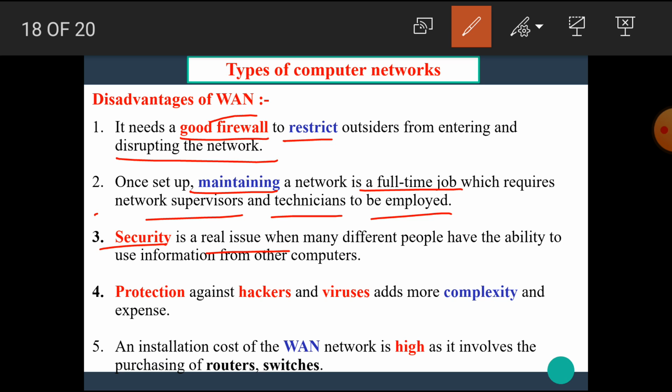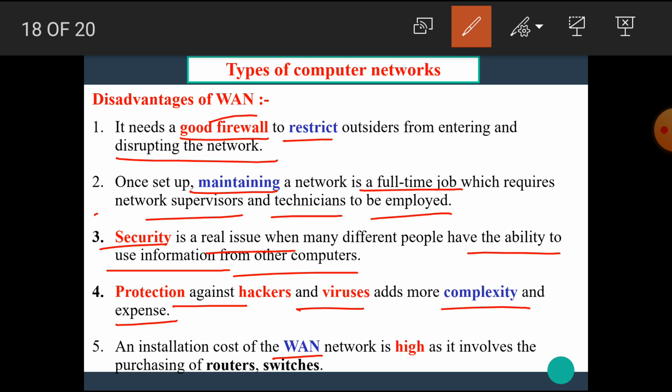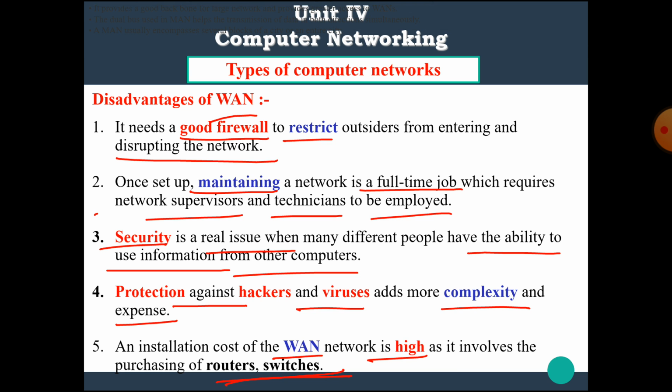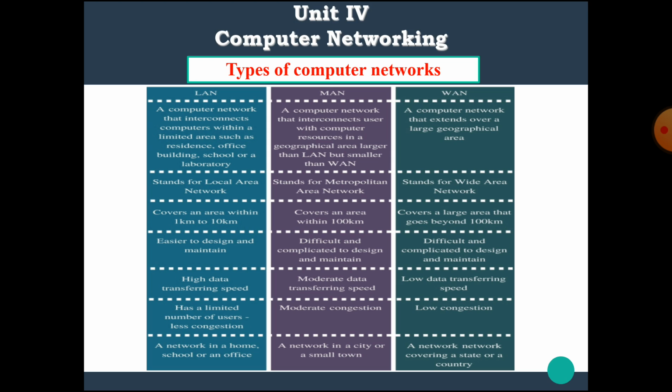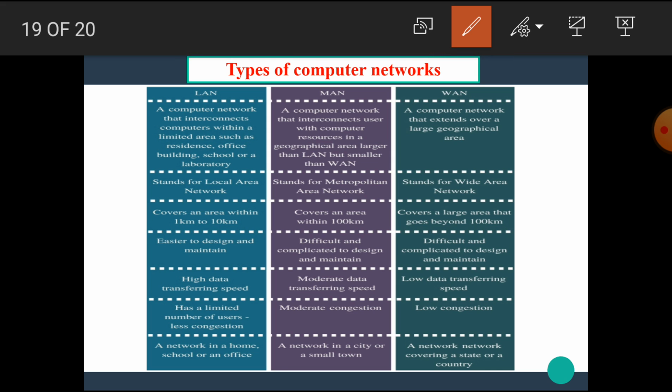Security is a real issue when many different people have the ability to use information from the other computers. Protection against hackers and viruses adds more complexity and expense. The installation cost of a WAN is high as it involves the purchasing of routers and switches. These are the disadvantages of the WAN.